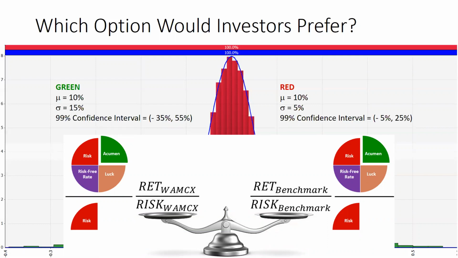Well, if you look at the green, total return is 10%, but the risk is 15%. 10 divided by 15 is 0.67 if I'm doing my math right. If you look at the red portfolio, average return is 10%, risk is 5%, so the ratio is 2. In this case, we would give the nod to the red portfolio. That manager is generating more return per unit of risk, which is what we believe investors would prefer.